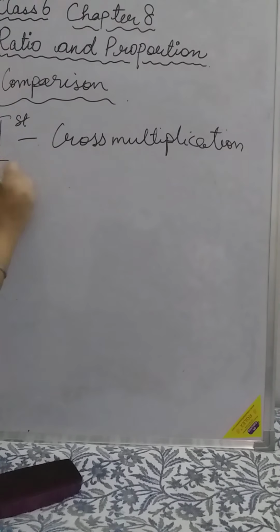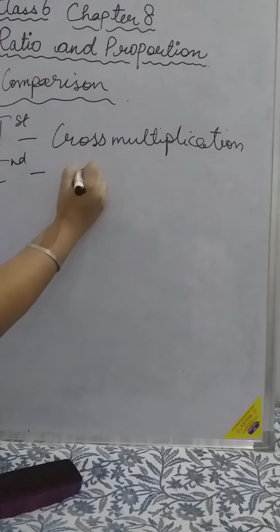The second method is to take out the LCM. The same methods you have for fractions. So the same methods and the same process you need to follow for ratio also. To compare two ratios, you are going to follow the same pattern as you followed in fractions.